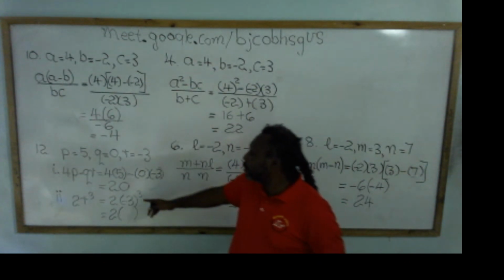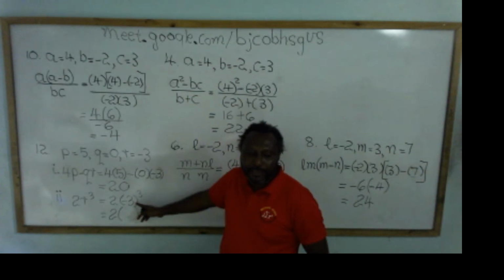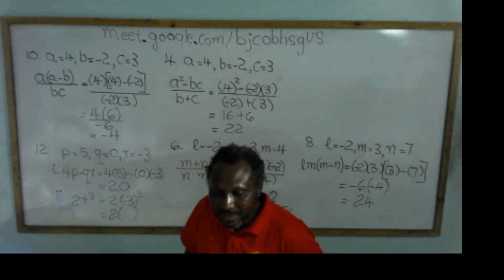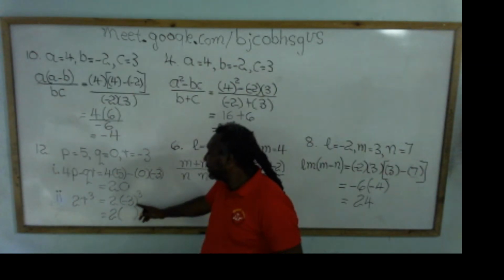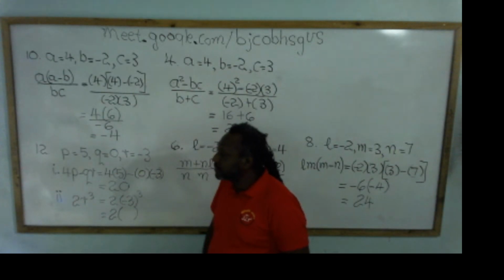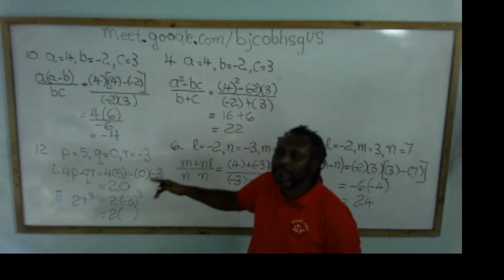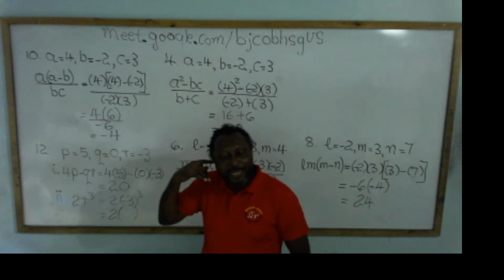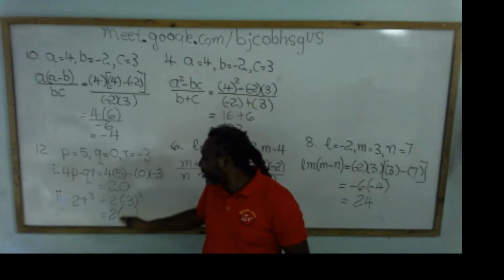Surely, you should raise it to the power of 3 before multiplying by 2. Yes, you're going to raise that to the power of 3 before multiplying by 2. And the negative 3 to the power of 3, students, there are so many things that you have learned already that will give you the correct answer.